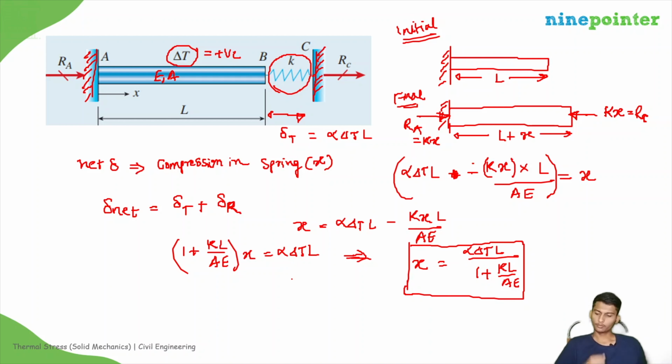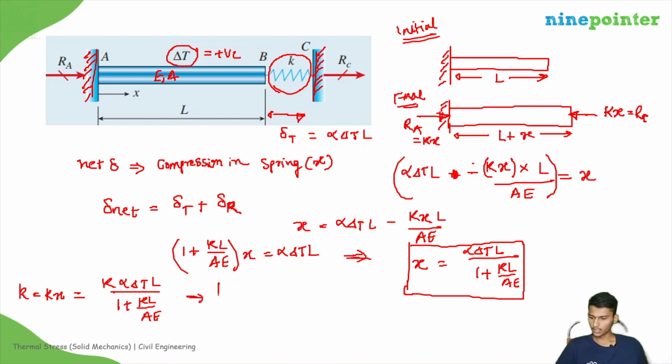So we are done, but here we didn't take sign conventions into account. See, if delta T is positive, then x is positive, okay, right? So this is what we got as x. We need to find R. So R is Kx, right? So that means K alpha delta T L by 1 plus KL divided by AE.